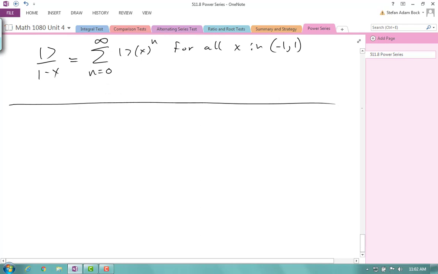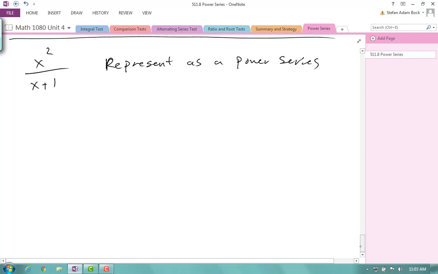So let's take some other types of power series, or not power series, but some of the functions we can represent depend on this a over 1 minus r. So if I had, for example, x squared over x plus 1, and I want to represent this as a power series, I first have to try to force it to fit the formula a over 1 minus r.